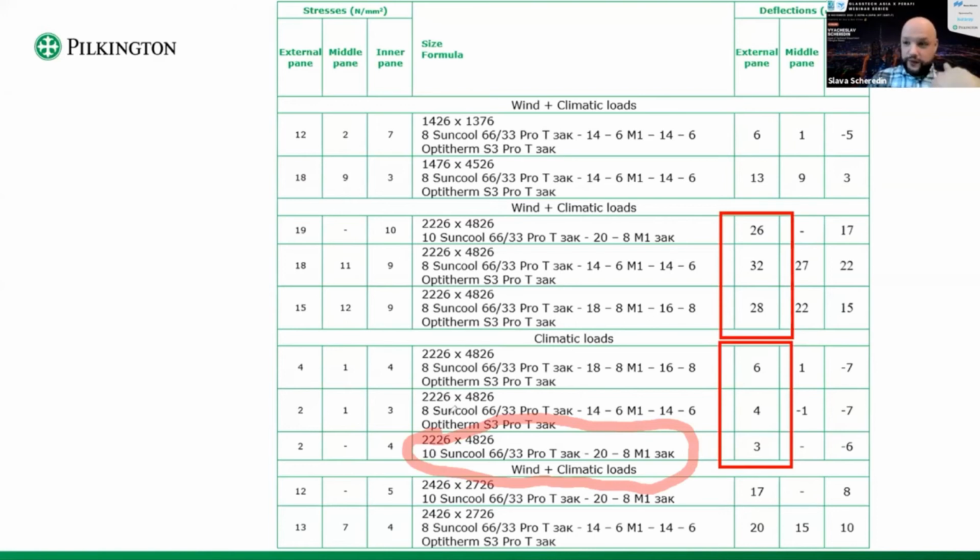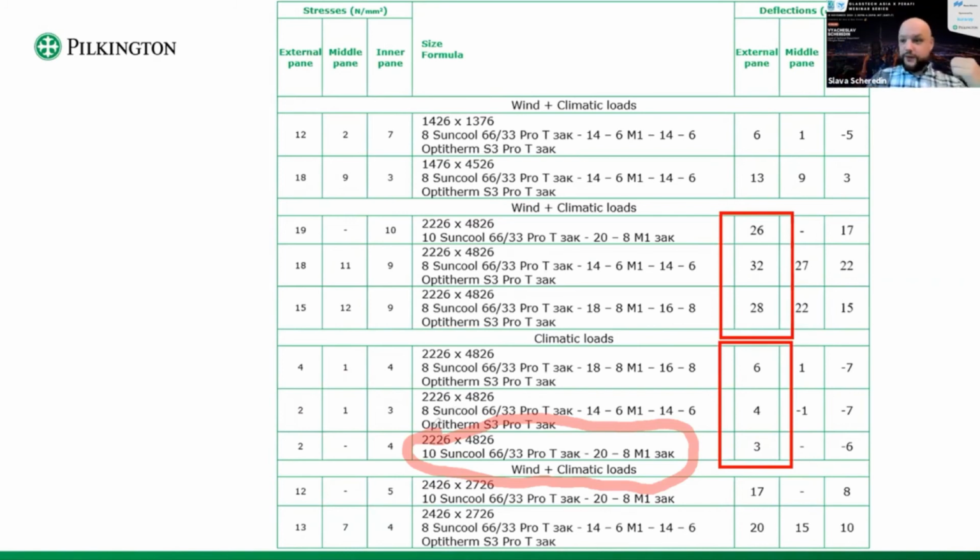Now, we are in Russia, we have been performing these calculations for a long time already, and usually we provide the customer with both of them. So for him to see, first, will the IG unit hold, and then how to compare different IG unit combinations. This is the key for understanding the behavior of the facade.